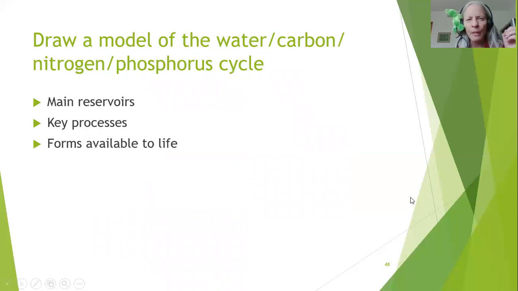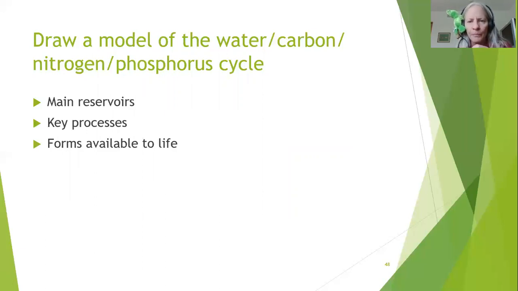So I want you to be able to draw models of the water cycle, the carbon cycle, the nitrogen cycle. Again, I'll show you the phosphorus cycle, but I won't test you over that. When you are looking at these cycles, you need to recognize what the main reservoirs are, what key processes are involved in the cycling, and what forms of these nutrients would be available to living organisms.